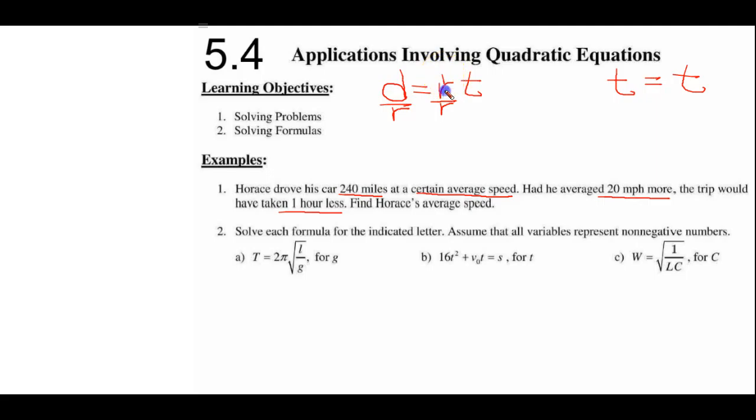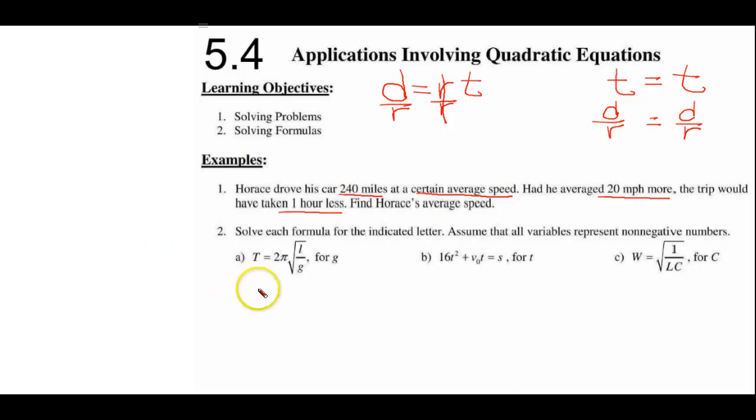Now on this side, the r's cancel out, and t is equal to distance divided by rate. So distance divided by rate is time, and this is time. We want to get our times to equal each other.